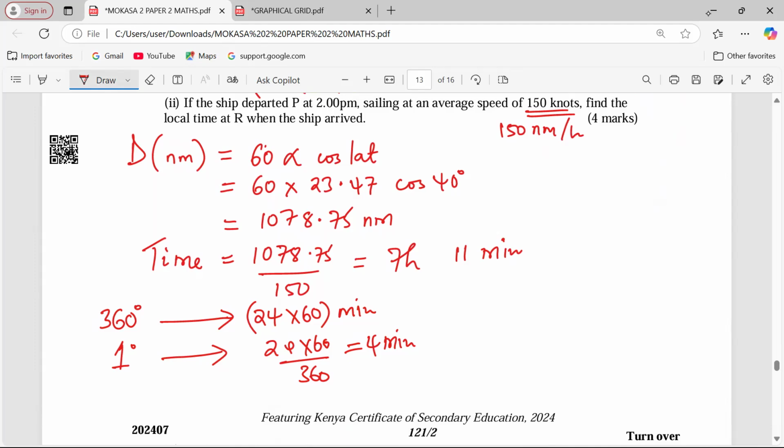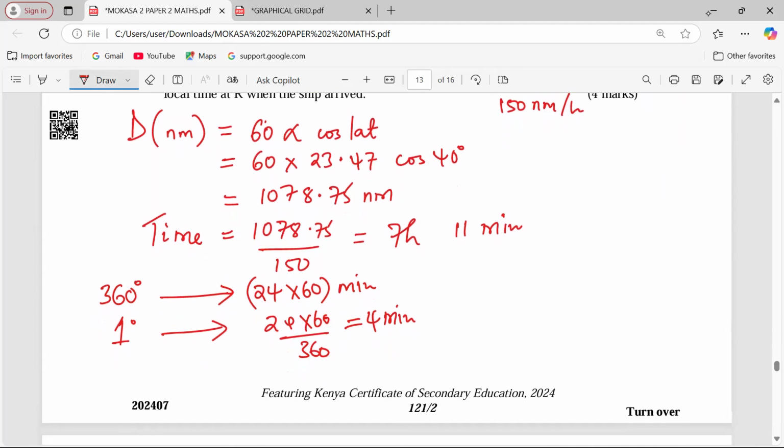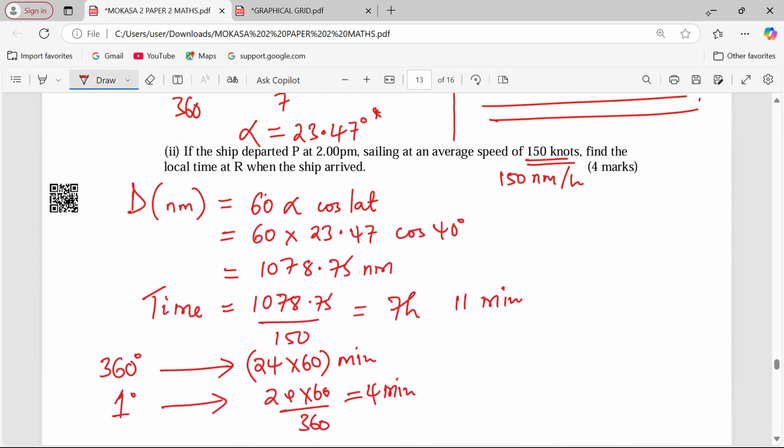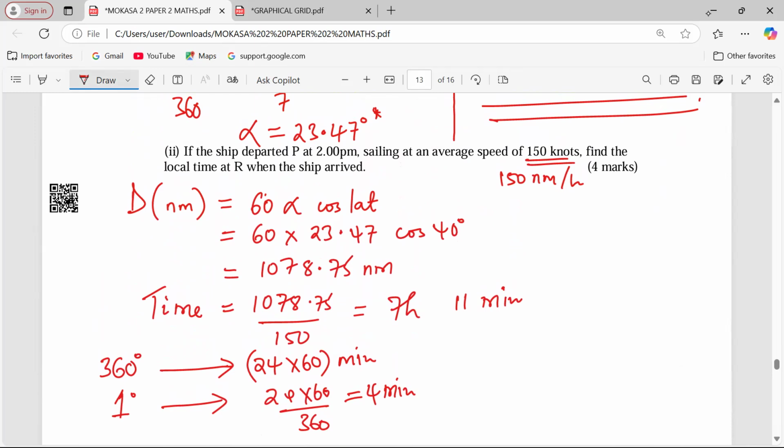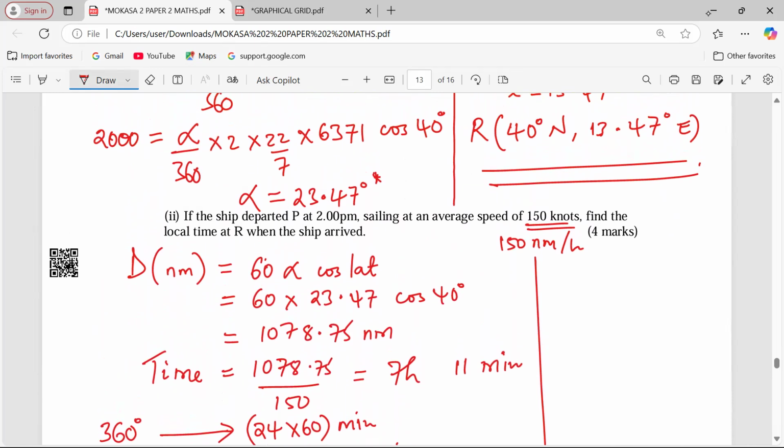Therefore, if there are 4 minutes for 1 degree, what about the different longitude here? From P to R, there is a longitude difference of 23.47. So one degree is 4 minutes time difference.